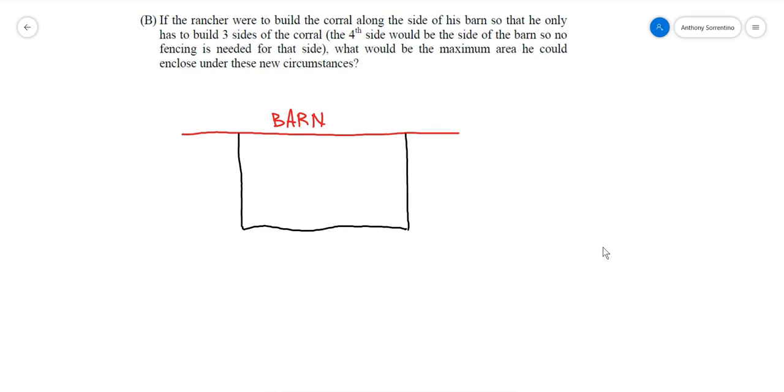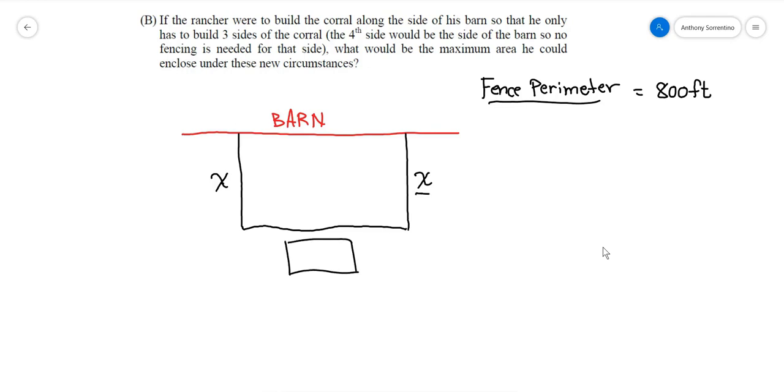So what I have here is I'm going to have these two, I'm just going to call them x in this instance. Opposite side should be the same, and obviously the fencing perimeter should still be 800 feet of fencing. So if this, and if this, and what's missing down here should total 800, it stands to reason that this should be 800 minus 2x.